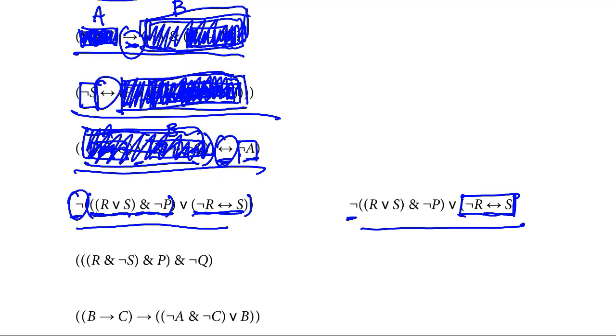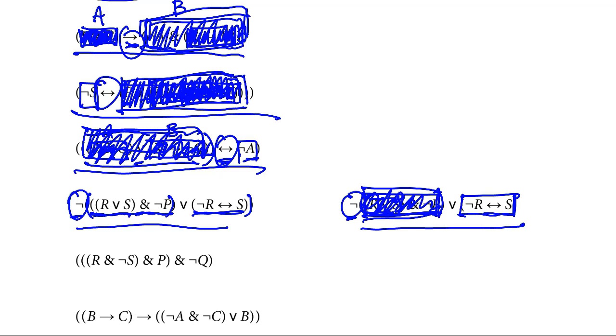We've got R or S, and those two parentheses, and then this parentheses goes with this one. So this is a chunk, and the not is just covering, or actually, going back to 6.3, the scope of the not is just this chunk right here.